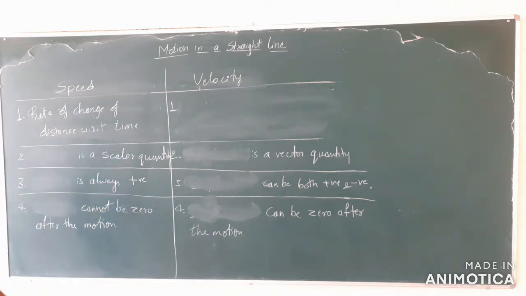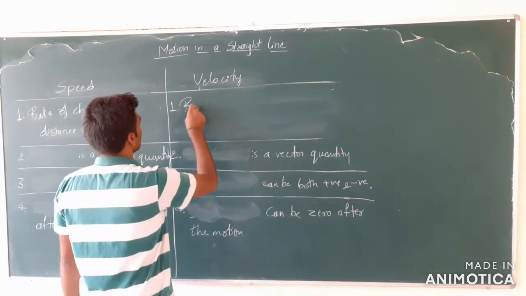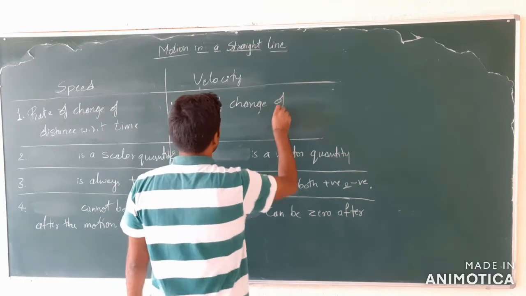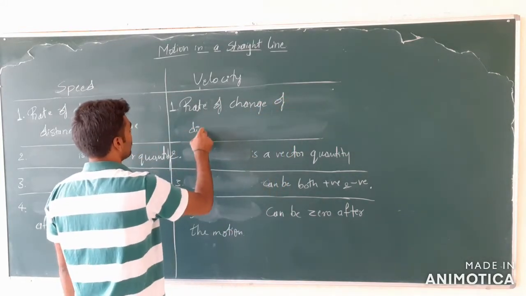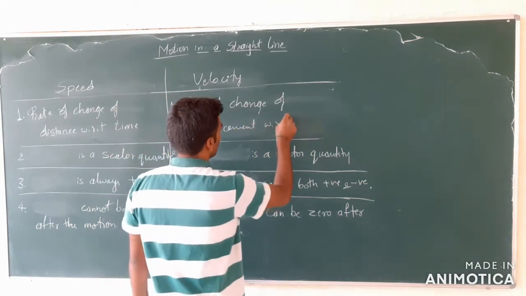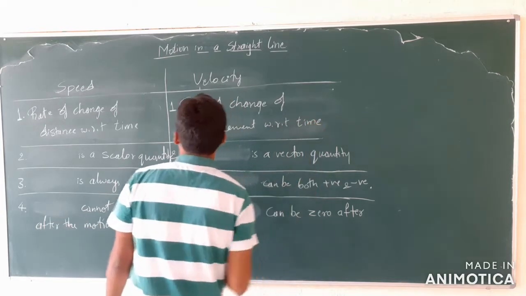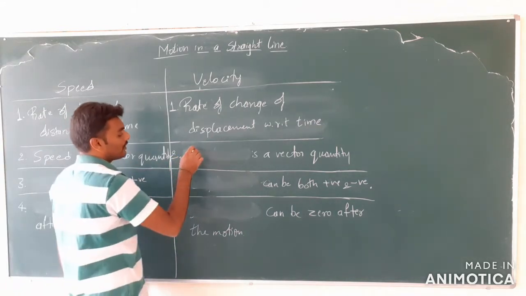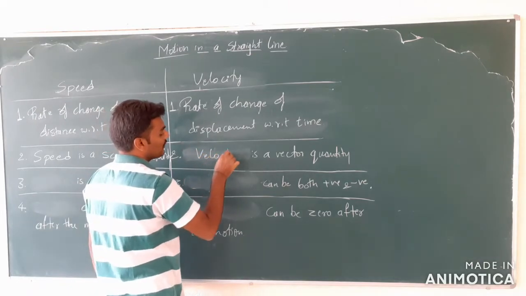When it comes to velocity, it is the rate of change of displacement with respect to time. Now, wherever you had distance, you just put speed. So speed is a scalar quantity, yes. Velocity is a vector.